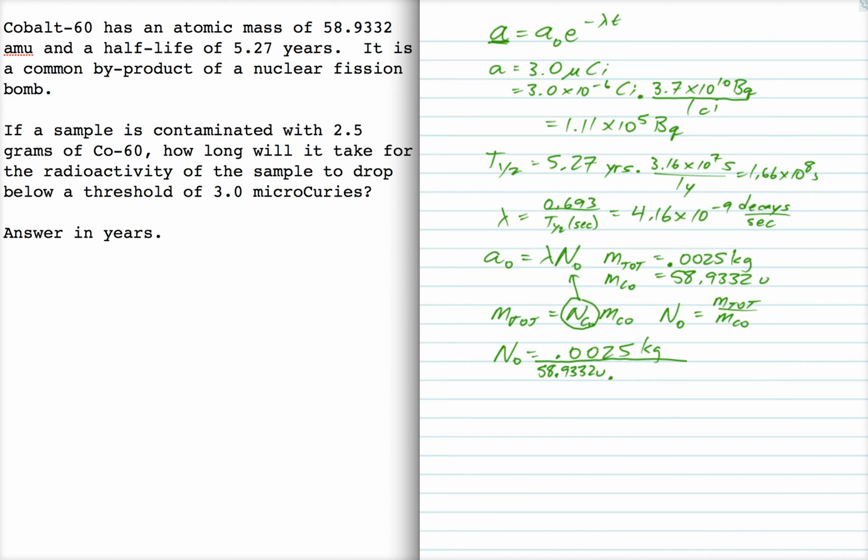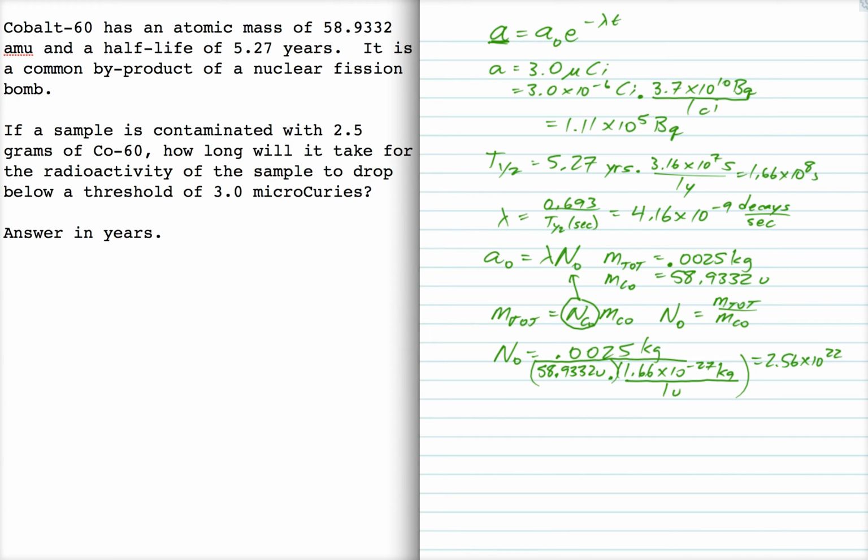I want to have the top and the bottom in kilograms, so to do that conversion, I know that there's 1.66 times 10 to the minus 27 kilograms per AMU. So that'll convert this denominator into the proper units. All right, and if I do that, I get 2.56 times 10 to the 22nd. That's the number of atoms.